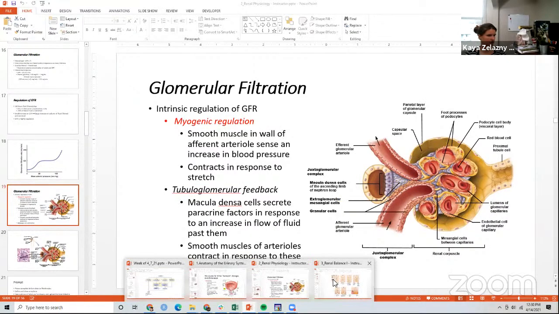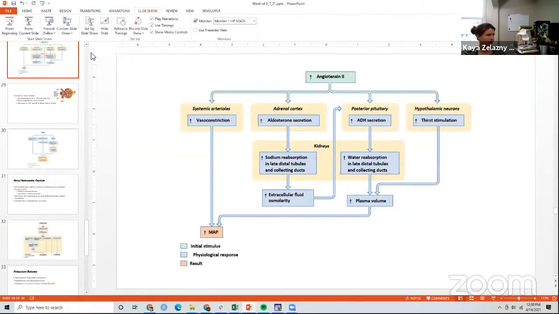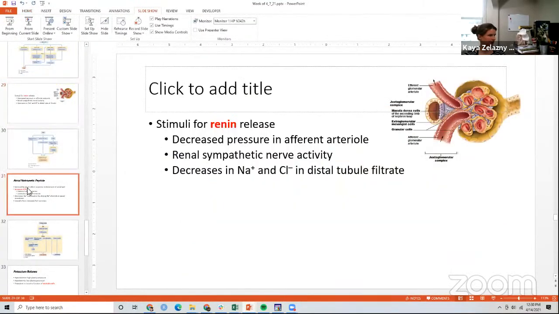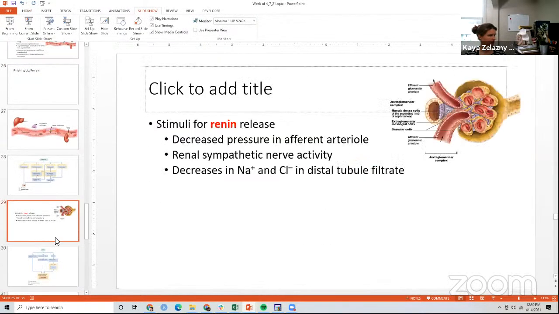And then the other thing we're doing with these cells is kind of what we were just talking about, right? In our stimuli for renin release, right? So here is another role of that juxtaglomerular complex in general, right?